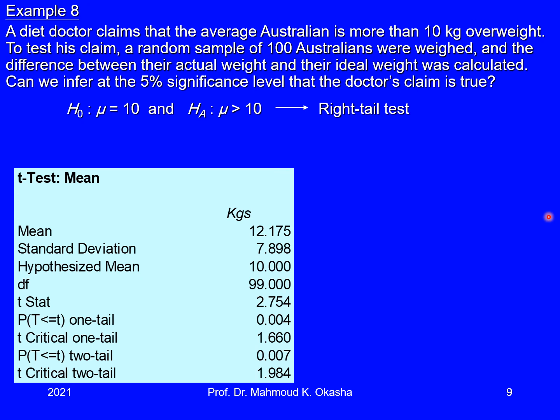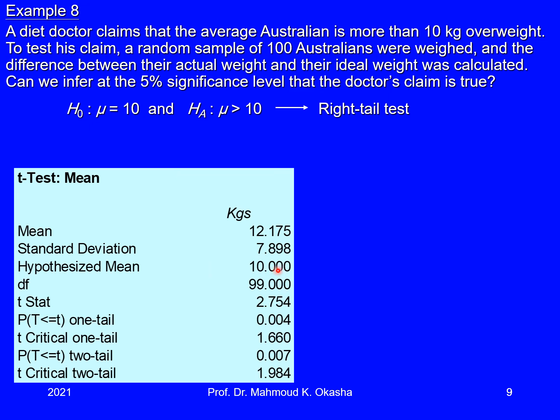And using Microsoft Excel, we obtain the following results. The mean is 12.175. These are all sample statistics. The sample standard deviation is 7.898.